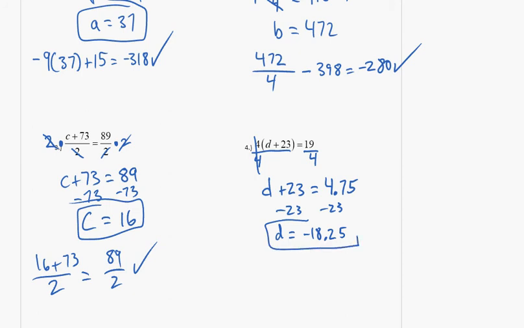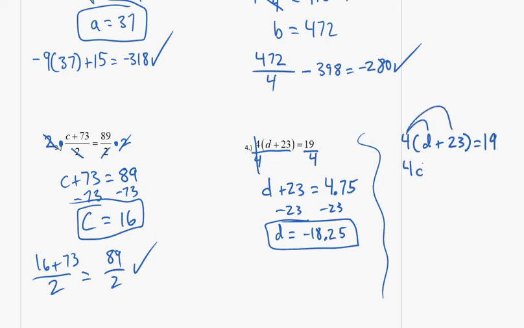Okay, the other way to do this problem is we could have started out by distributing that 4. This is the way I think most people do it. We would have had 4d plus, let's see, 4 times 23 must be 92. 92 equals 19. And now from here on in, you have sort of a 2-step equation. So subtract 92 on both sides, so 19 minus 92.